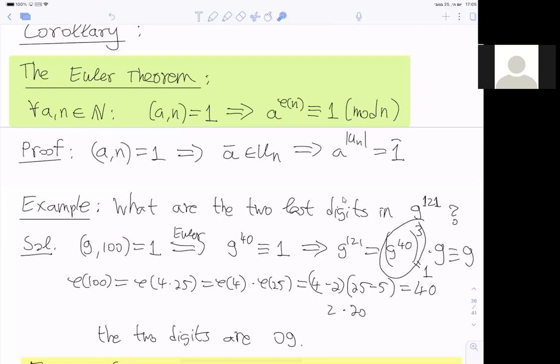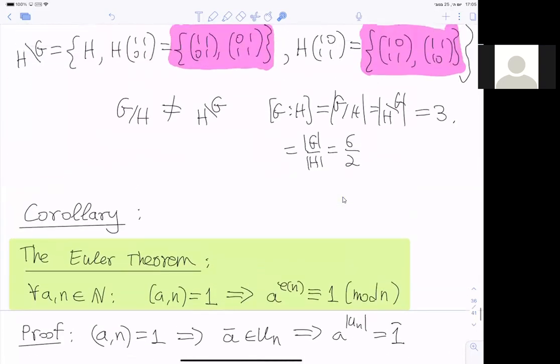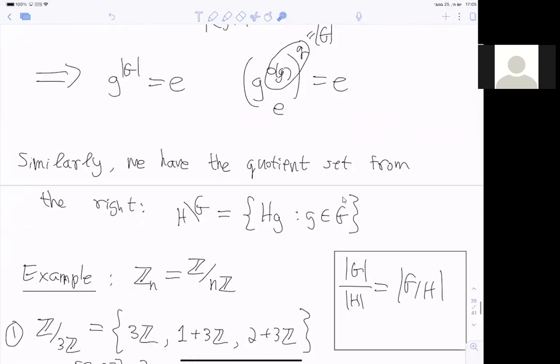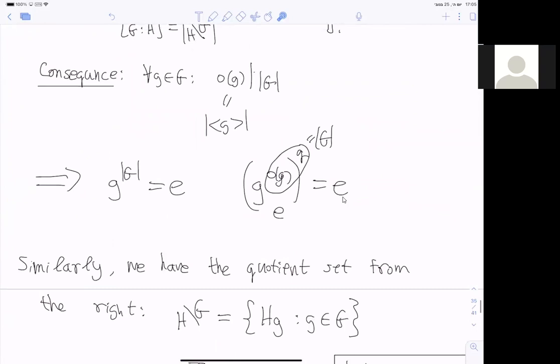Why is it true in Lagrange? Because the order of any element divides the order of the whole group. This is what we have seen before. Here, you see, G to the power of the order of G is E. Why?